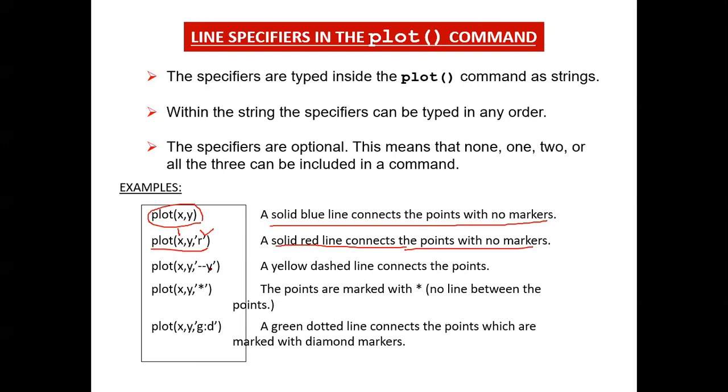Then for plot x comma y with yellow color, if we want a double dashed line in yellow, how can we write it? The command is plot x comma y, then dash symbol, then yellow color.